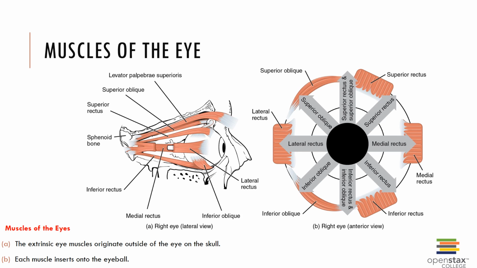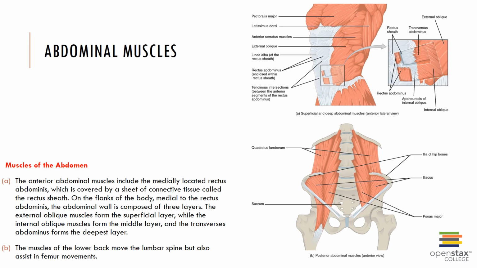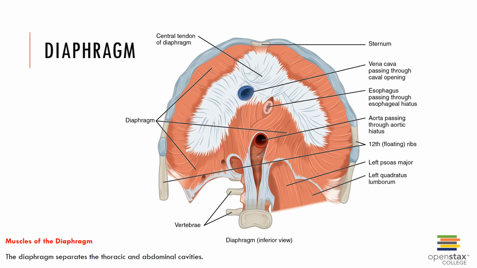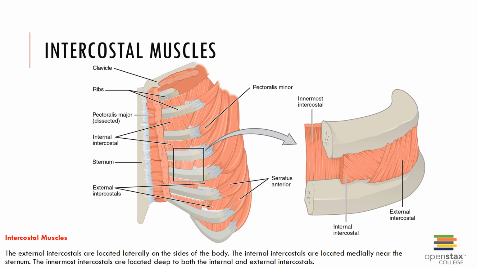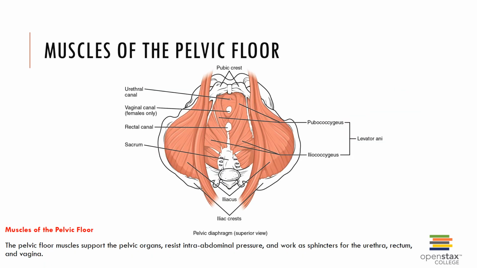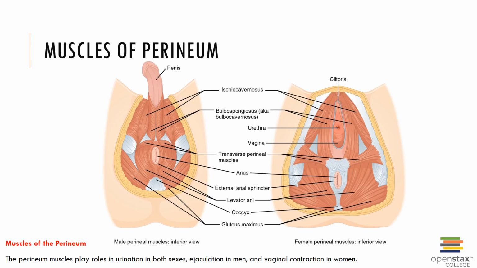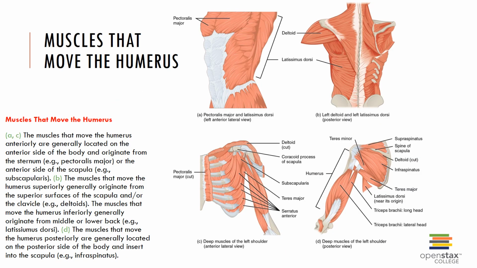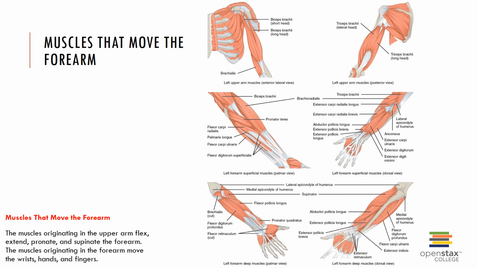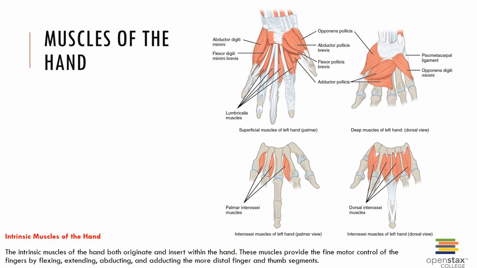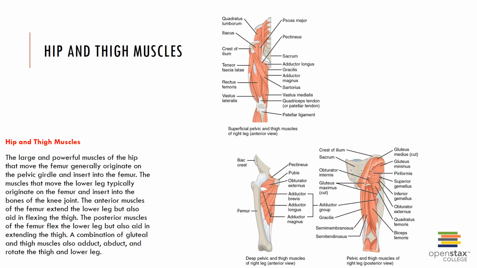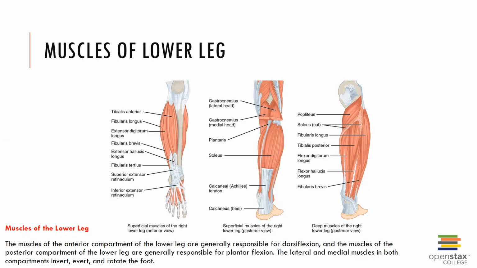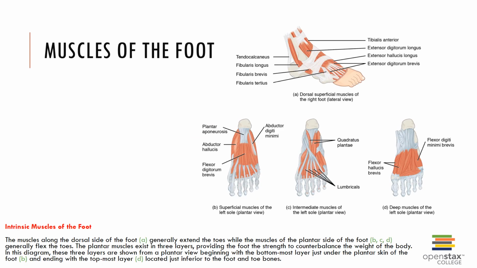And then you've got some slides focusing, for example, on the muscles of the eye, the abdominal muscles, the diaphragm, the intercostal muscles, the muscles of the pelvic floor, the muscles of the perineum, the muscles that position the pectoral girdle, the muscles that move the humerus, the muscles that move the forearm, muscles of the hand, the hip and thigh muscles, muscles of the lower leg, and muscles of the foot.